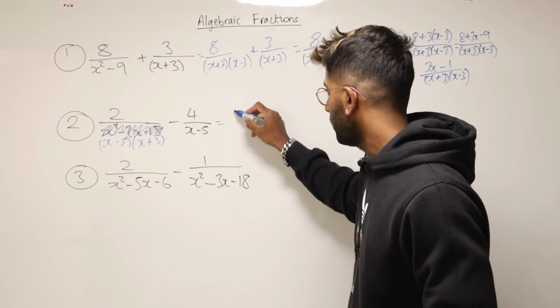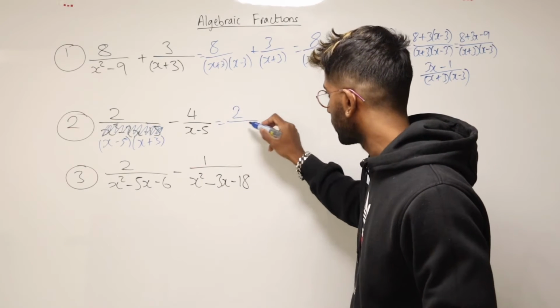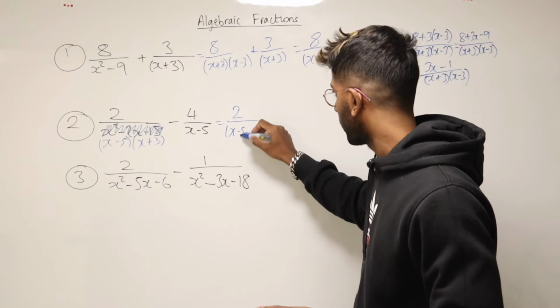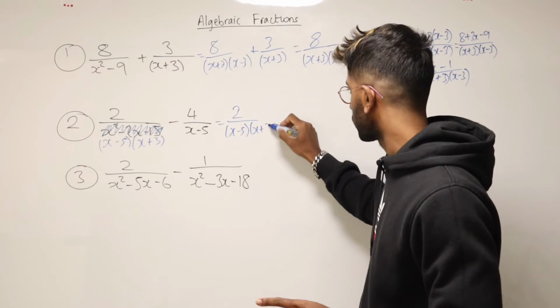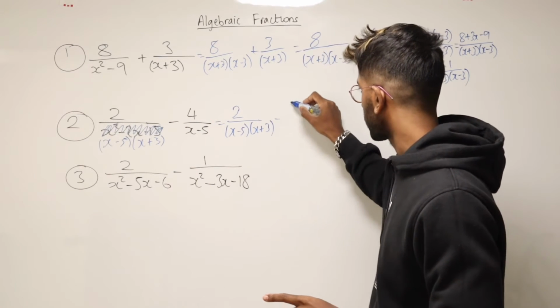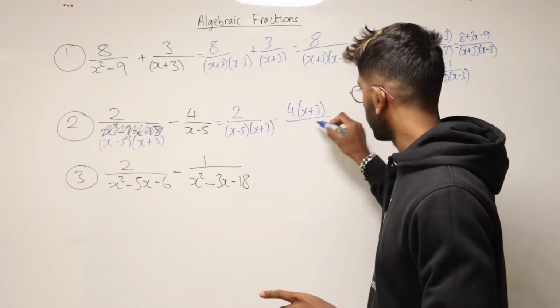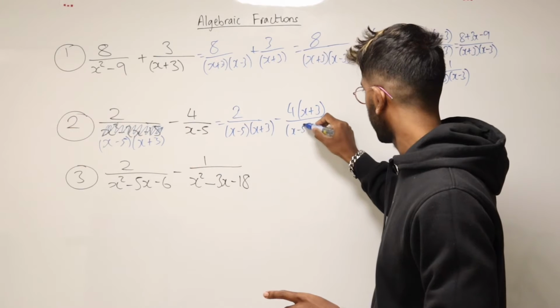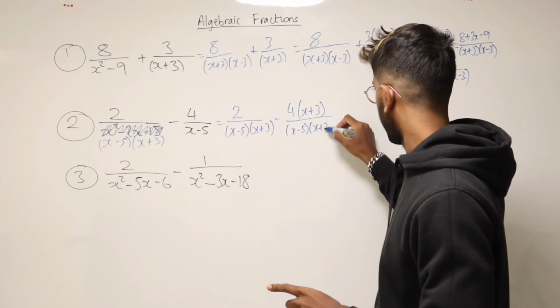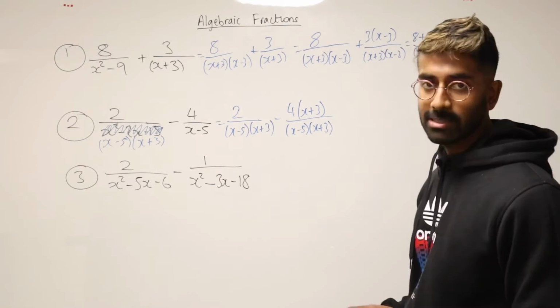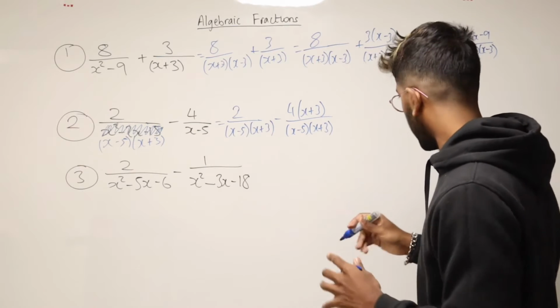So we'll have the first fraction staying exactly the same. So 2 over x minus 5 and x plus 3. Second fraction though, we'll times the top by x plus 3. And we'll times the bottom by x plus 3 as well. And there we go. Now we've got the same denominator, so we can bring it together as one fraction.